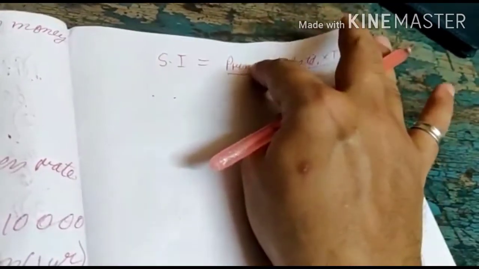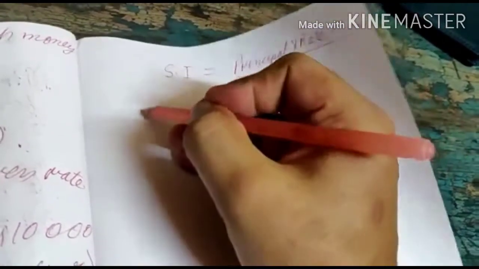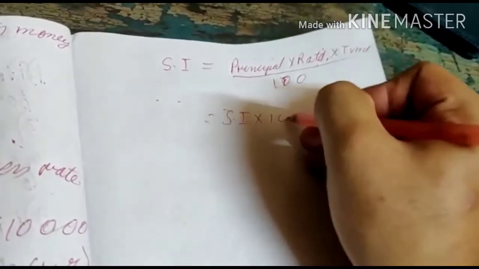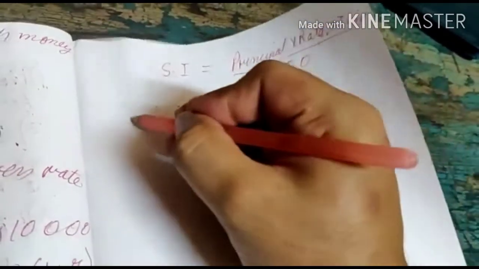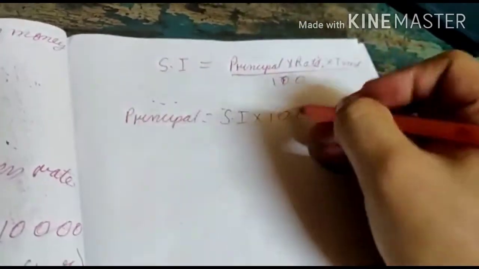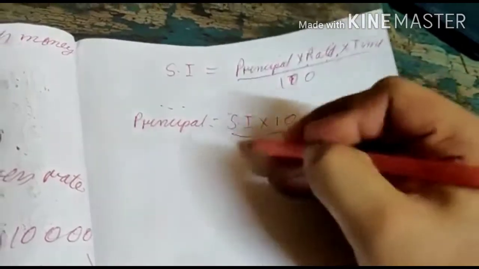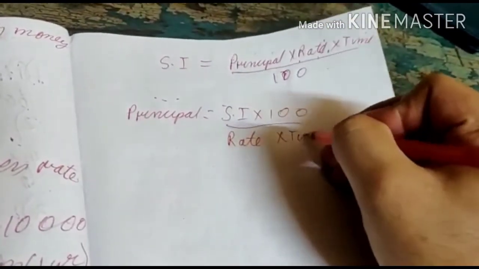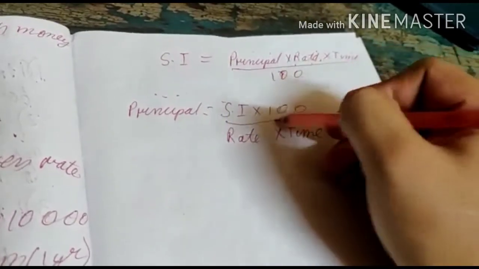If we keep principal here and take this 100, which is in division, it will go to multiply with simple interest. And if we keep principal here itself, rate is in multiply so it will come in divide, time is also in multiply so it will come in divide. So this formula can also be written in this way.